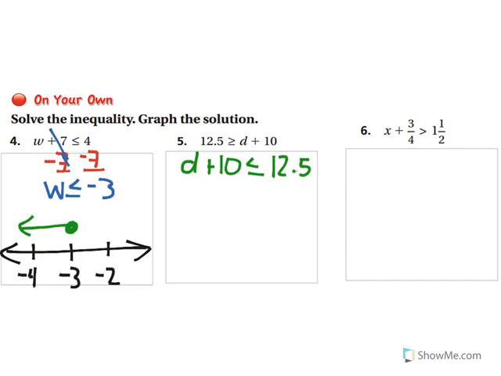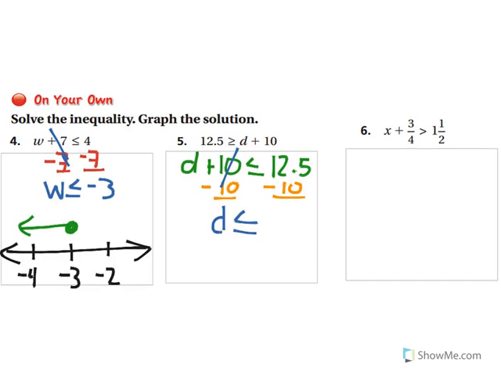And now I can do the opposite, or the inverse of adding 10. I'm going to subtract 10 from both sides, which will get me D on the left-hand side, and it's less than or equal to, sorry about that.